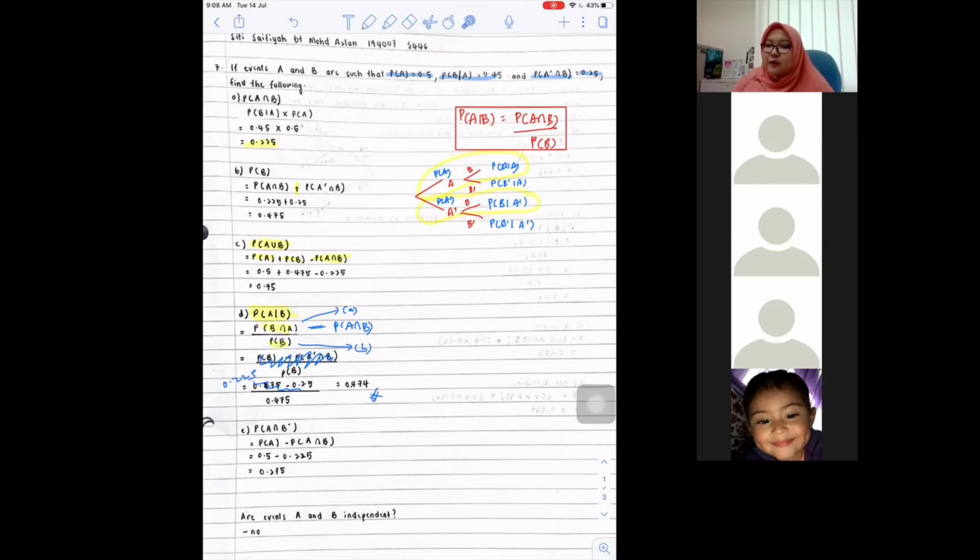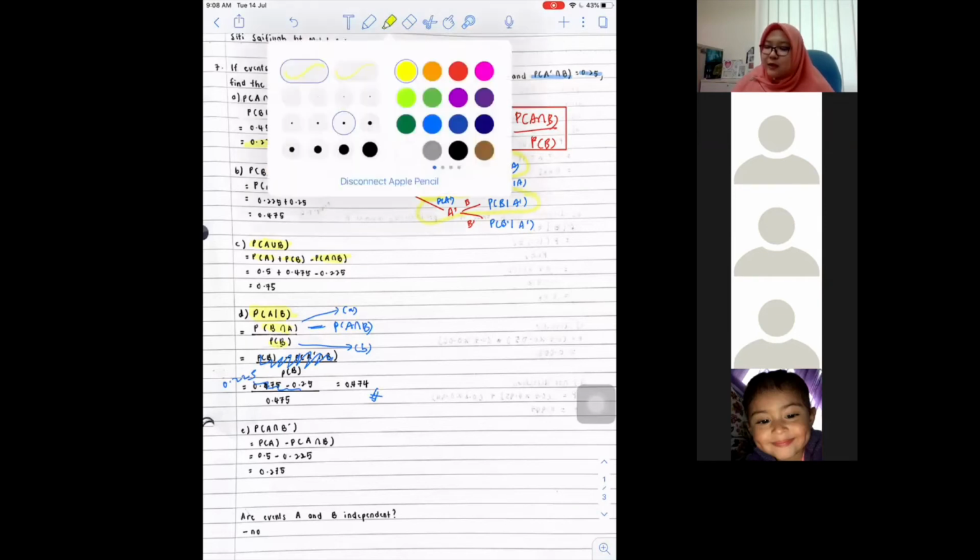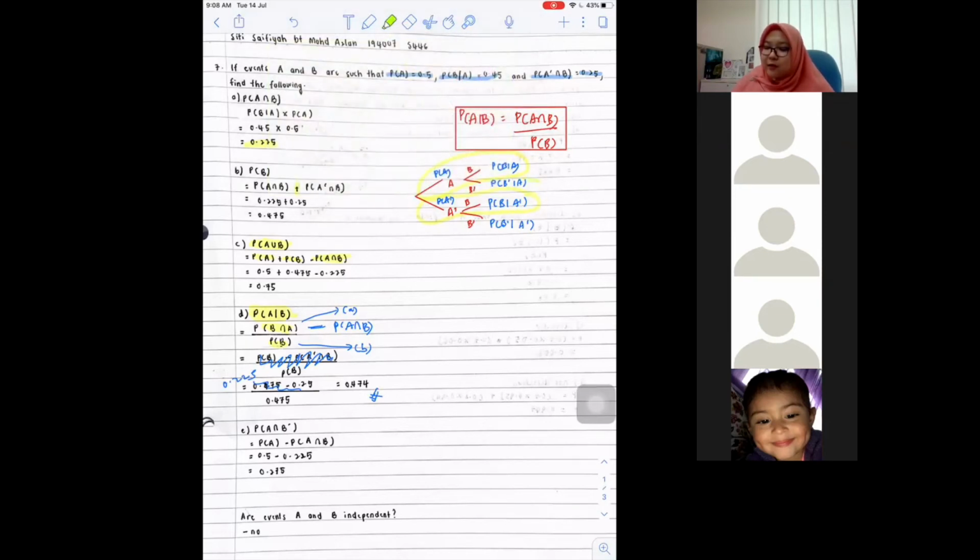Okay, next one. Question asks you for A intersect B prime. Okay, if you are A and B complement, just find where is A, where is B complement. So this is this part. Okay, from your tree diagram, this is A, this is B complement. Okay, so just take the value of these two branches here, just multiply the two branches here.